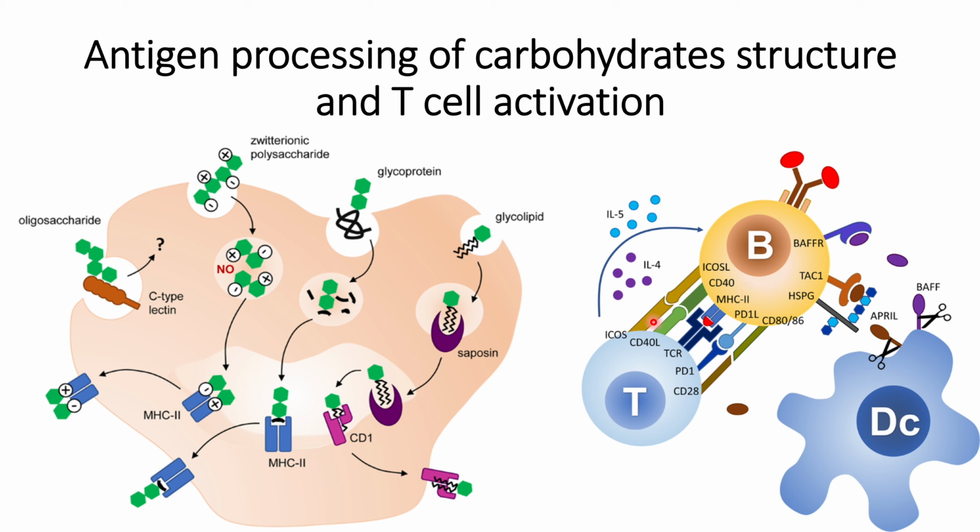There need to be other signals activated in order to trigger the B cell immune response. These other signals are shown here: ICOS, CD40L, PD1L, and CD28, CD80, 86.